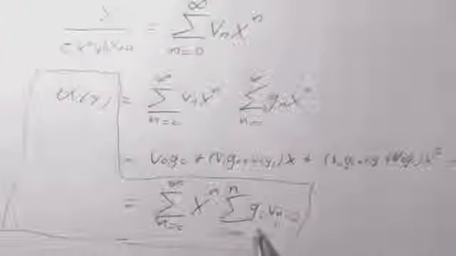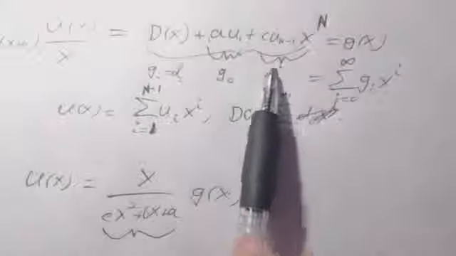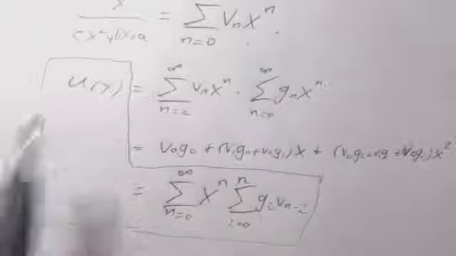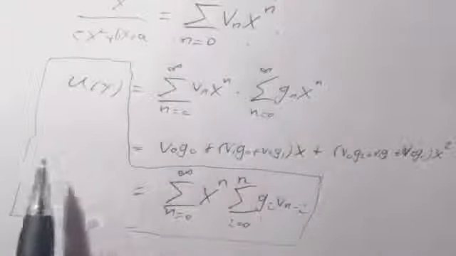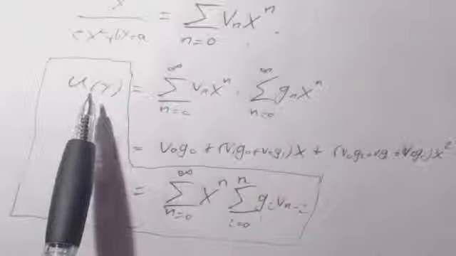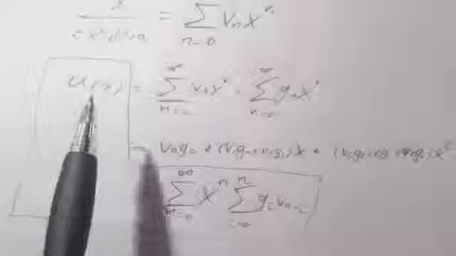It tells us what u(x) is, and we know what g_i is already, because I pointed out it was just this thing here, and we know that u(x) is going to be a polynomial. We know u0 is 0, we know u_N is 0, so we're only interested in the terms between 1 and N minus 1.